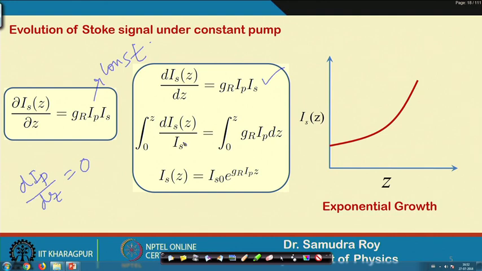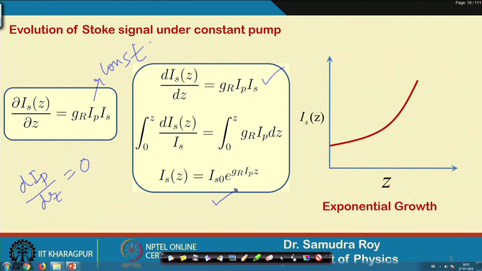I can put I s here and integrate over 0 to z, and the right hand side I also integrate over 0 to z, and the solution is something like this, where we find that I s is going to increase exponentially, which is expected because we are talking about gain.